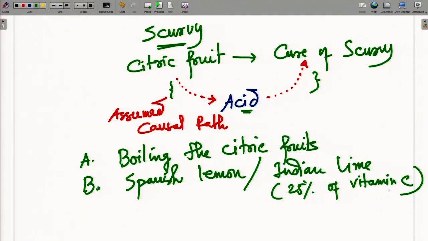Because the substitutes were not really functional, and because they did not have the causal understanding, they ended up taking all these different ingredients, and because of that, the scurvy disease returned.